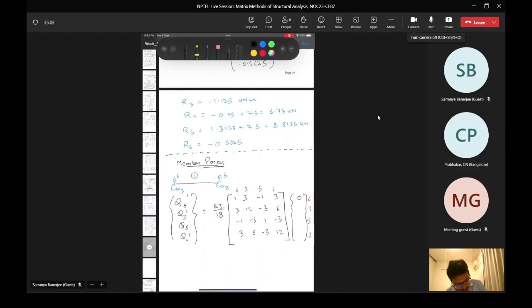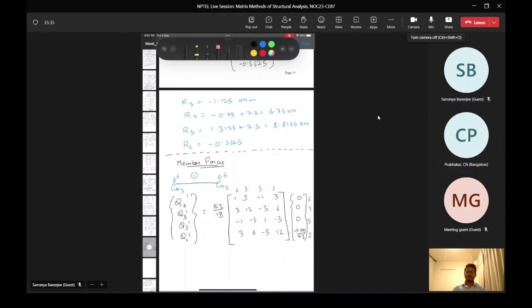So 0 0 0 and minus 3.375 by EI. Is this fine? Yes. So now, is this all? This will give us our required member forces. Yes, we can get those member forces. For this case, it is true.